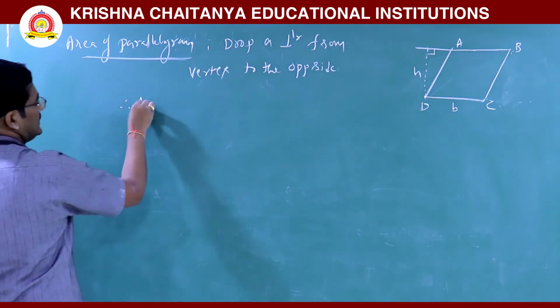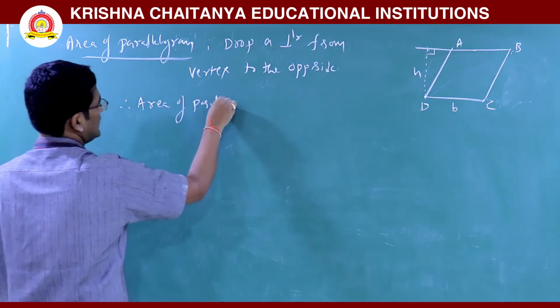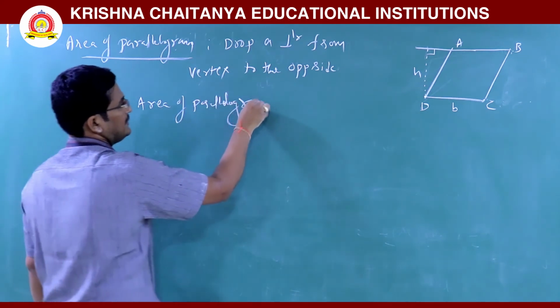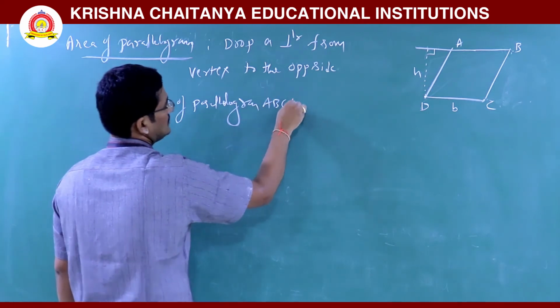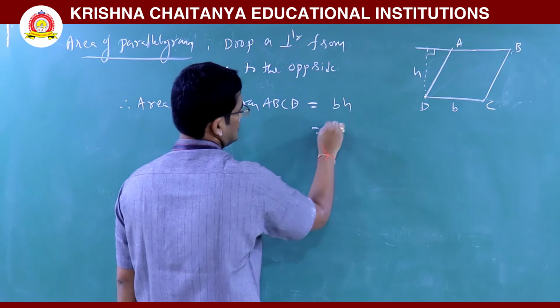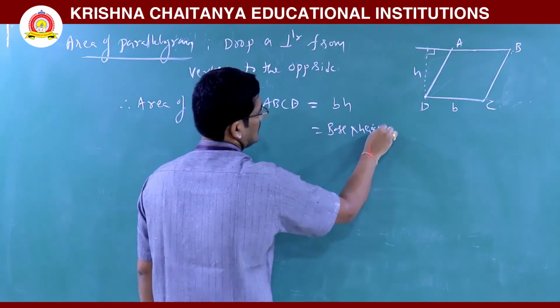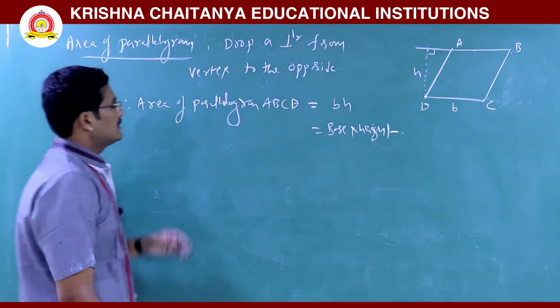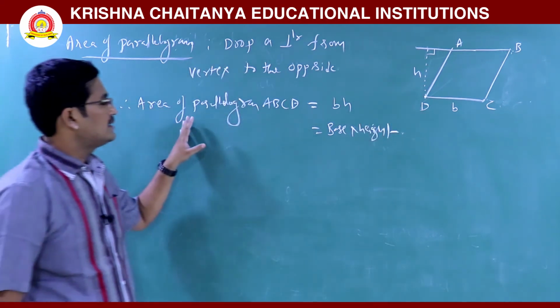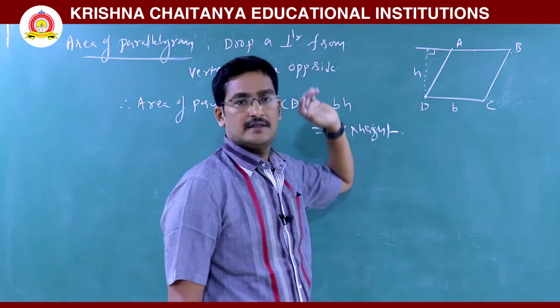Therefore, the area of parallelogram ABCD is equal to base into height, B into H. This is the parallelogram area. We can calculate any parallelogram area by using this concept, base length into height.